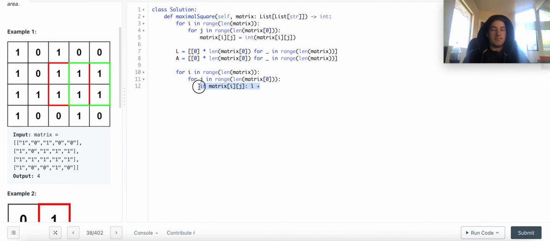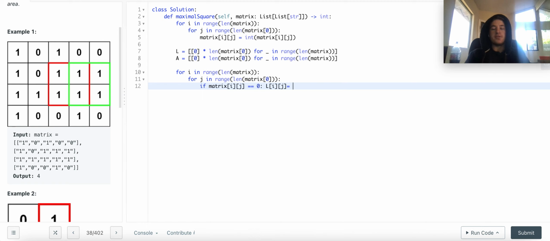So I'm trying to think of the nicest way of doing this. So if matrix ij equals 0, then you have to set left of ij to 0, right?